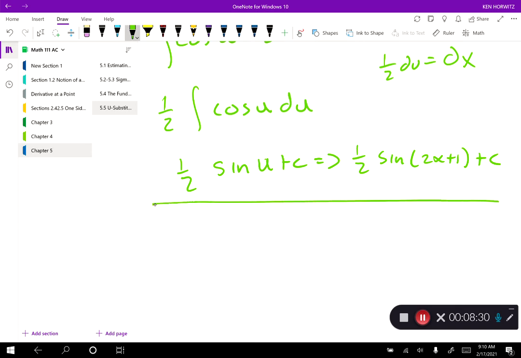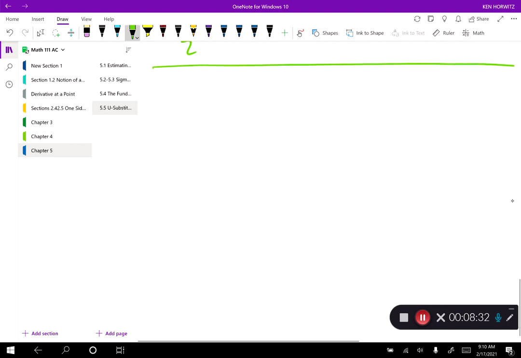All right. So we're finding that u substitution kind of fits into a certain area. Let's do an example with a square root. All right, now this doesn't have a parentheses, does it?